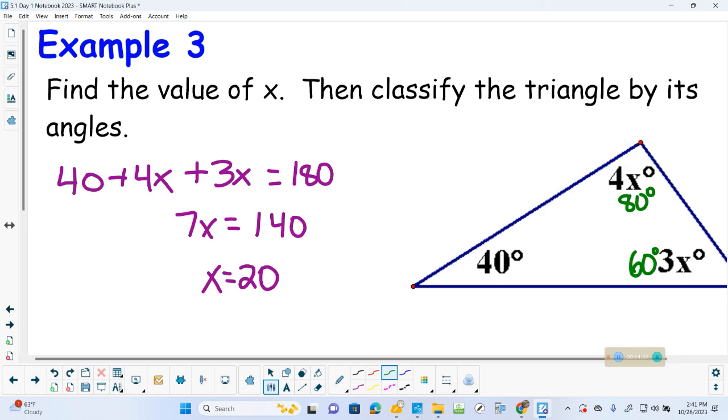Would you classify this as acute, right, obtuse, or equiangular? Acute. They're all less than 90, acute. Got it. Any questions in there? All right, flip the page. We're cruising right along, everybody.